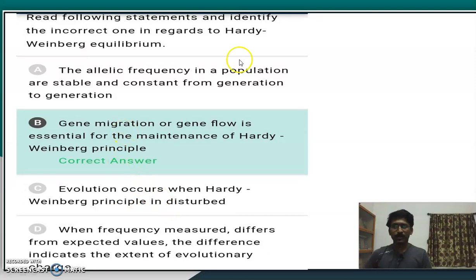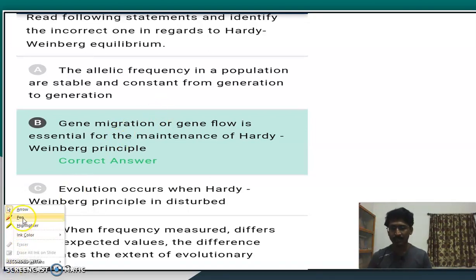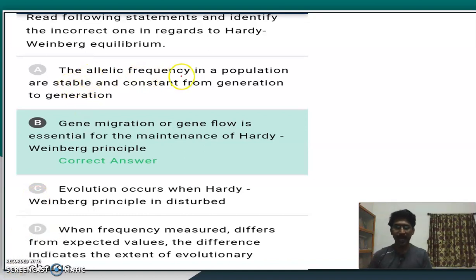Now, identify the incorrect statement regarding the Hardy-Weinberg equilibrium. The Hardy-Weinberg law says that in an infinitely large randomly mating population, which is free from mutation, migration, and natural selection, allele frequency remains the same from one generation to the next. The allelic frequencies of a population are stable and constant from generation to generation.